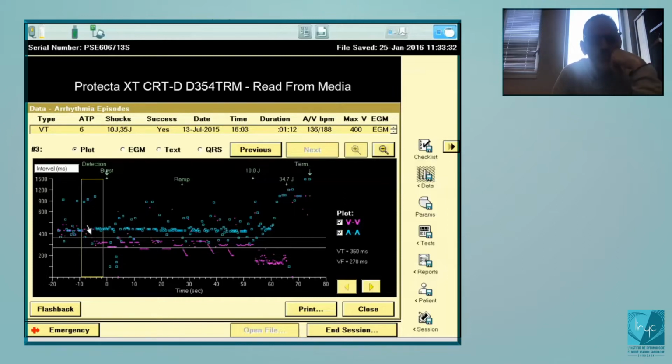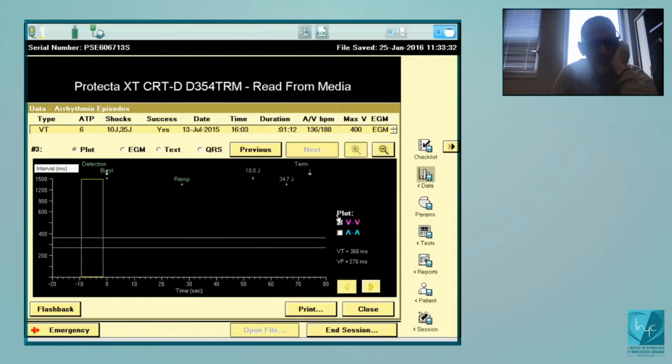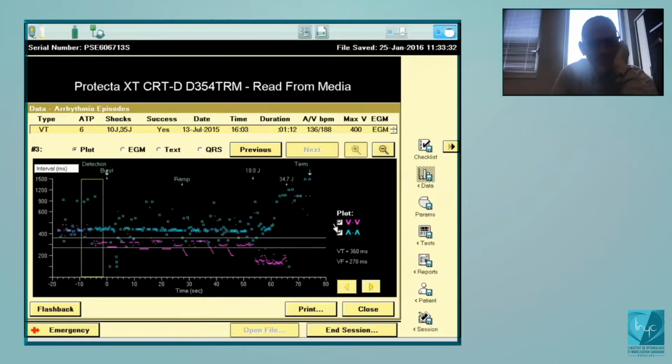Yes, I will show you the EGM, but briefly you see that it seems that there is a dissociation between the ventricle and the atrium, and then you see an acceleration in the VT zone, then 3 bursts are delivered, then 3 ramps, then 1 shock. It's a 10 joule shock, and what happens then?